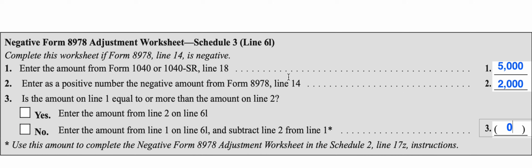You'll enter the amount from your Form 1040 or your 1040-SR, line 18. This is the tax calculation from line 16 of your Form 1040 plus line 3 from IRS Schedule 2.